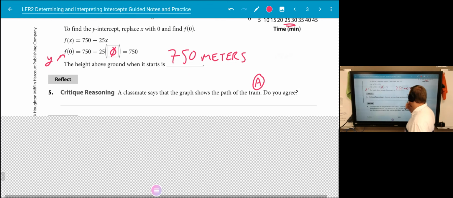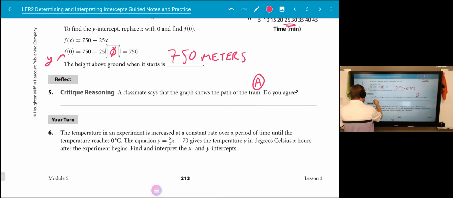A classmate says that the graph shows the path of the tram. Do I agree? No. Why?